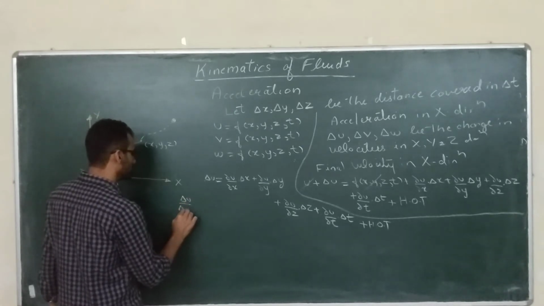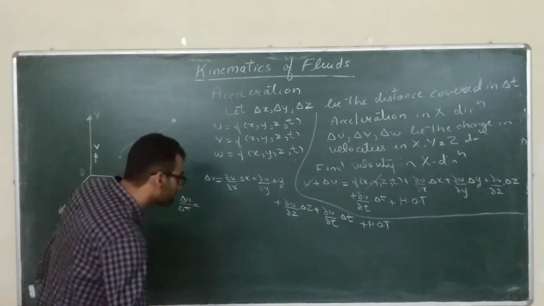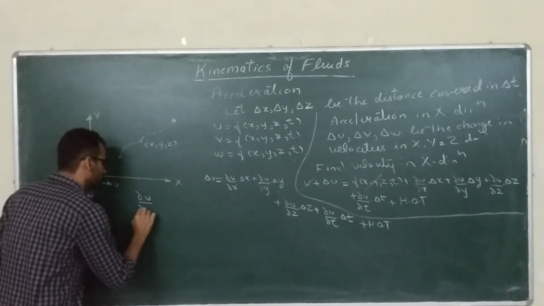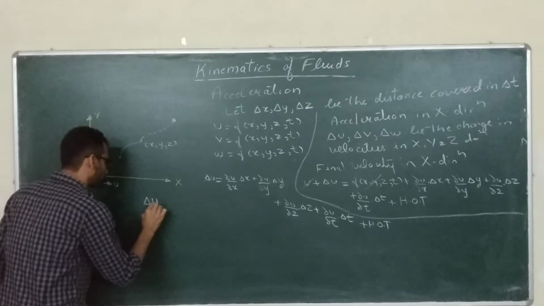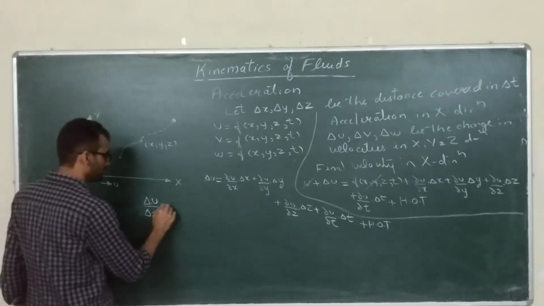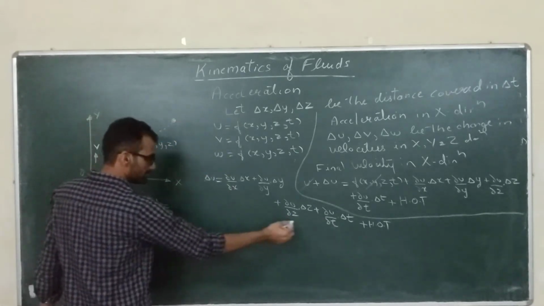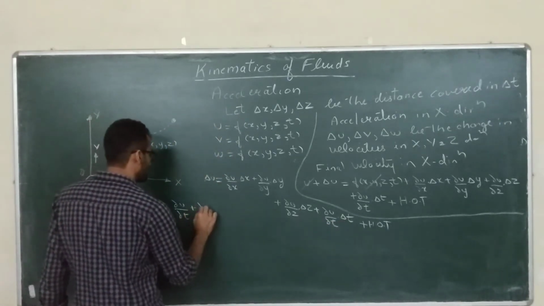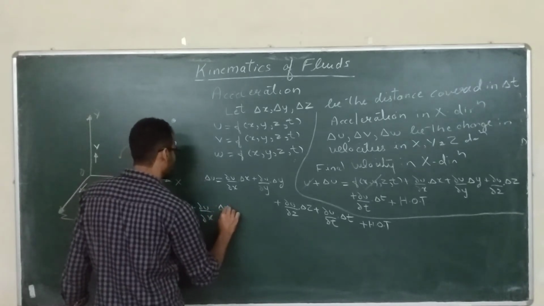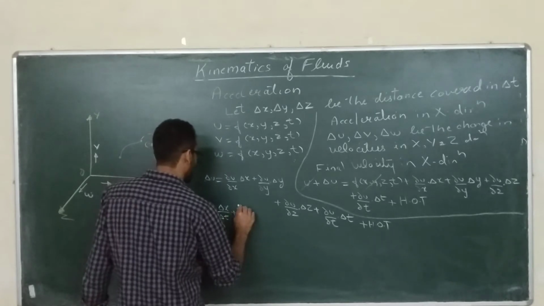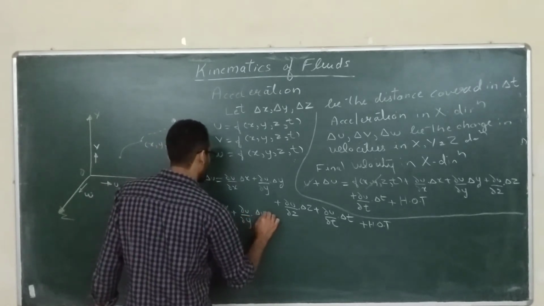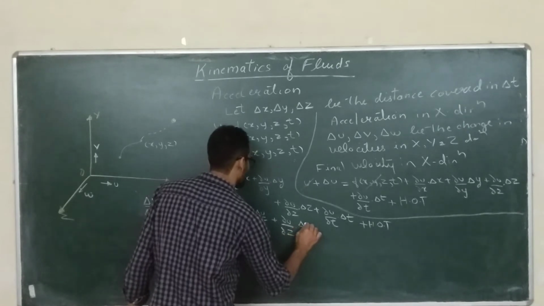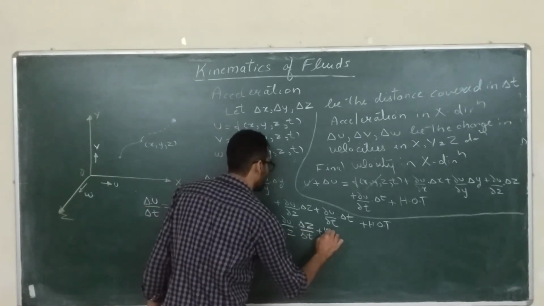Delta u by delta t is equal to del u by del t, where delta t by delta t will cancel out, plus del u by del x into delta x upon delta t plus del u by del y into delta y upon delta t plus del u by del z into delta z by delta t plus higher order terms.